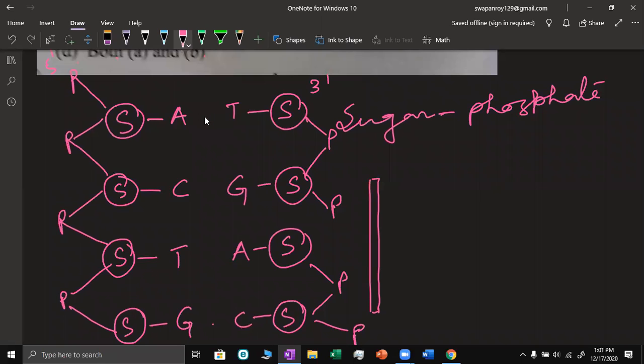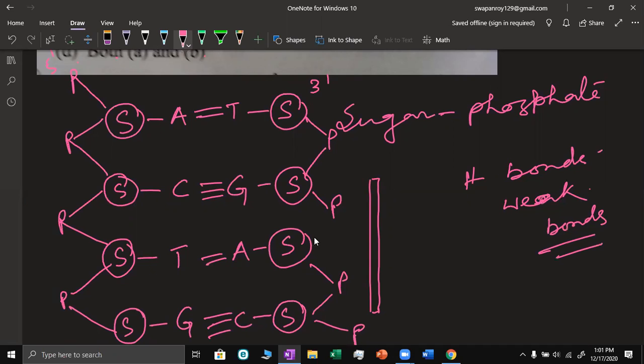A and T are paired by hydrogen bonds, and there are 2 hydrogen bonds here, and between C and G, 3 hydrogen bonds. Naturally, hydrogen bonds are weak bonds, but still the number of bonds in the DNA molecule is very large, so they give strength.